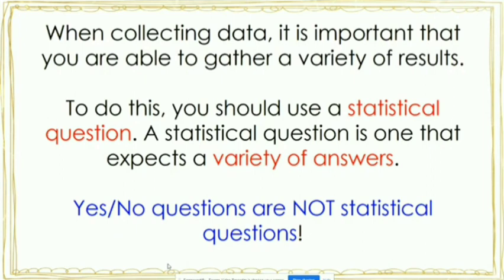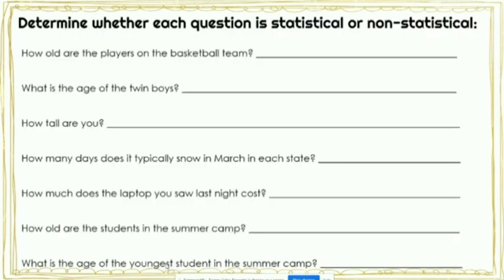Yes/no questions are not statistical questions because we do not receive a variety of answers. Questions that only have one specific answer are also not statistical questions because, again, we do not receive a variety of different results. Let's look at some examples of questions and determine whether they are statistical or non-statistical.